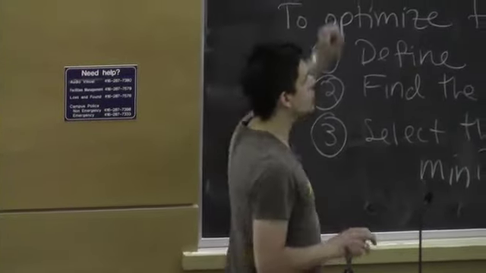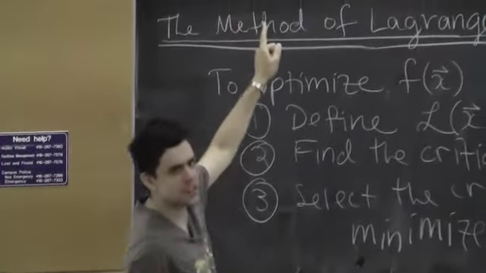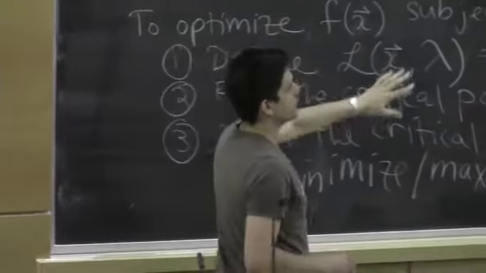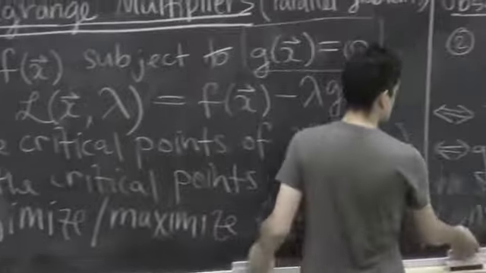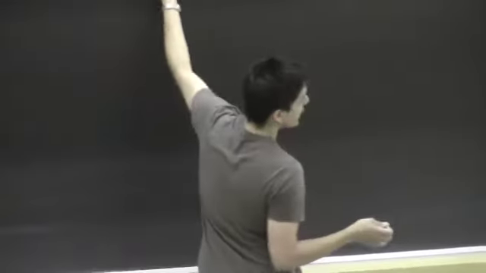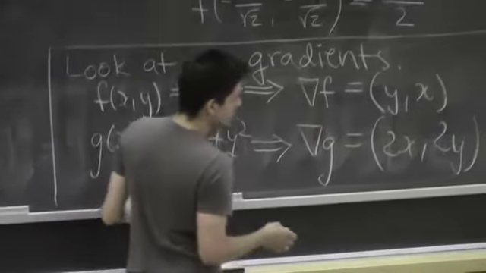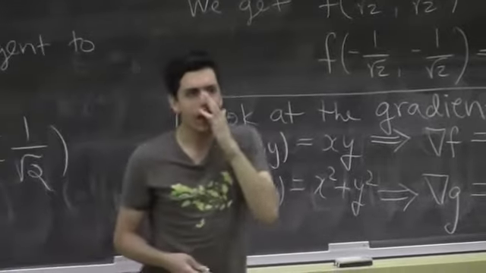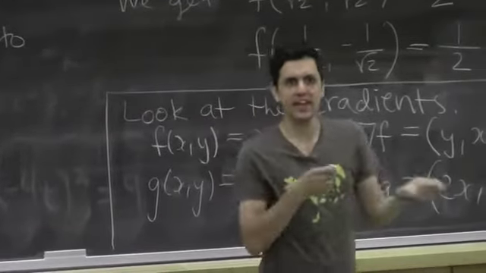So now I want to go back and look at that same example with the hyperbolas and the circle, but I want to do it through this lens. When we did x, y on the circle, we got a max, but we didn't really know why. Now I want to be able to find the maxes and the mins at the same time.